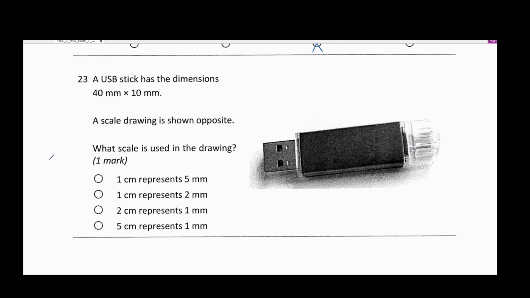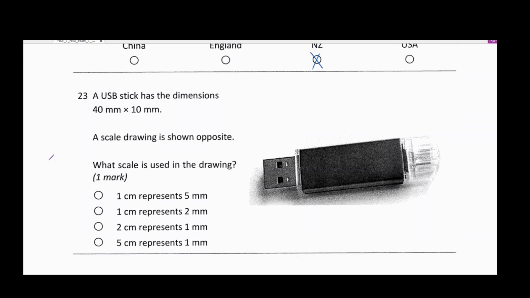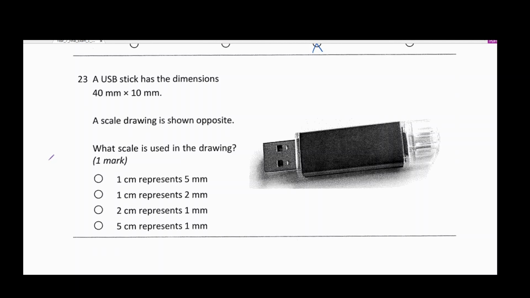Number 23, a USB stick has dimensions 40 millimeters by 10 millimeters. The scale drawing is shown opposite. What scale is used in the drawing? Okay. So for this one, you'd have to get your ruler out and measure along here how many centimeters that is.